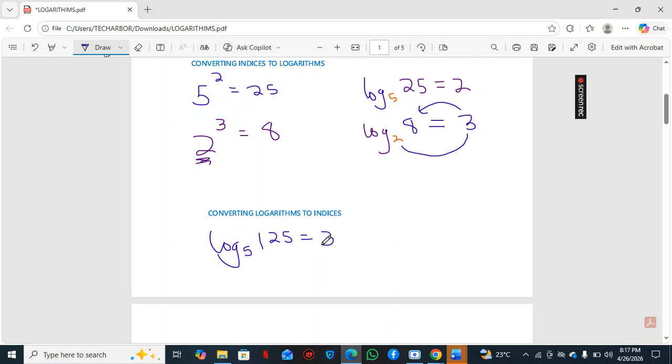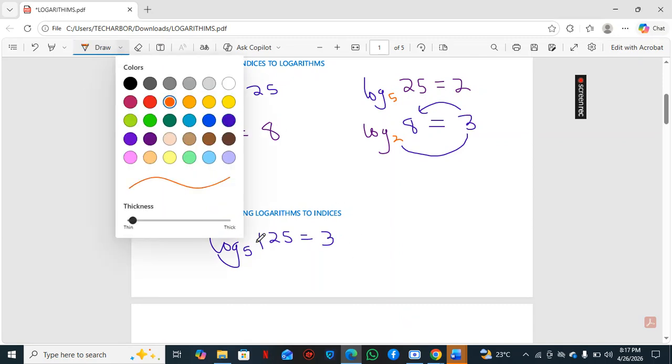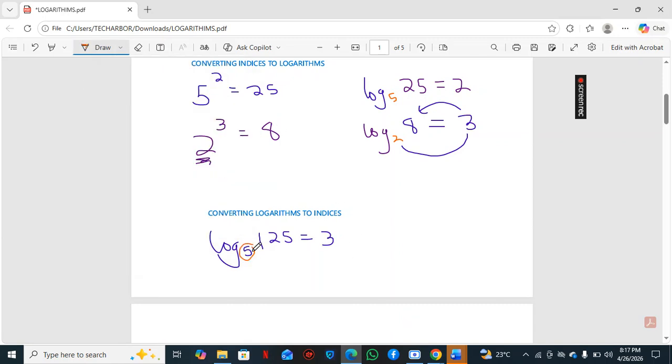We want to convert this into index format. Remember, you just do this. With a logarithm, you're saying we're multiplying 5 by itself 3 times. So you're going to say 5 to the power 3, which is going to give us this value of 125.